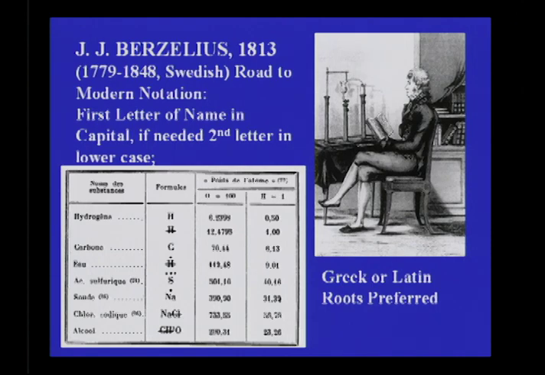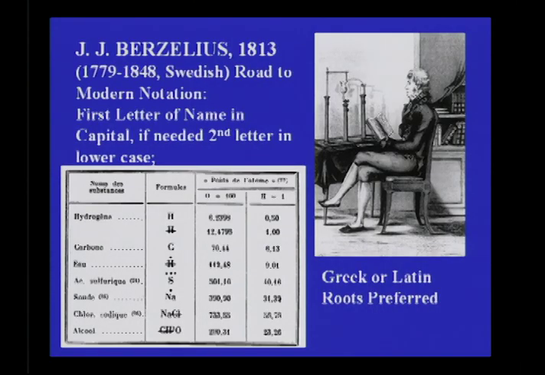He suggested taking their names and using the first letter as a capital, and if there is some kind of contest between two elements vying for the same first letter, then you use a second letter. For instance, plutonium, phosphorus, etc. So one has P and one has Pu.